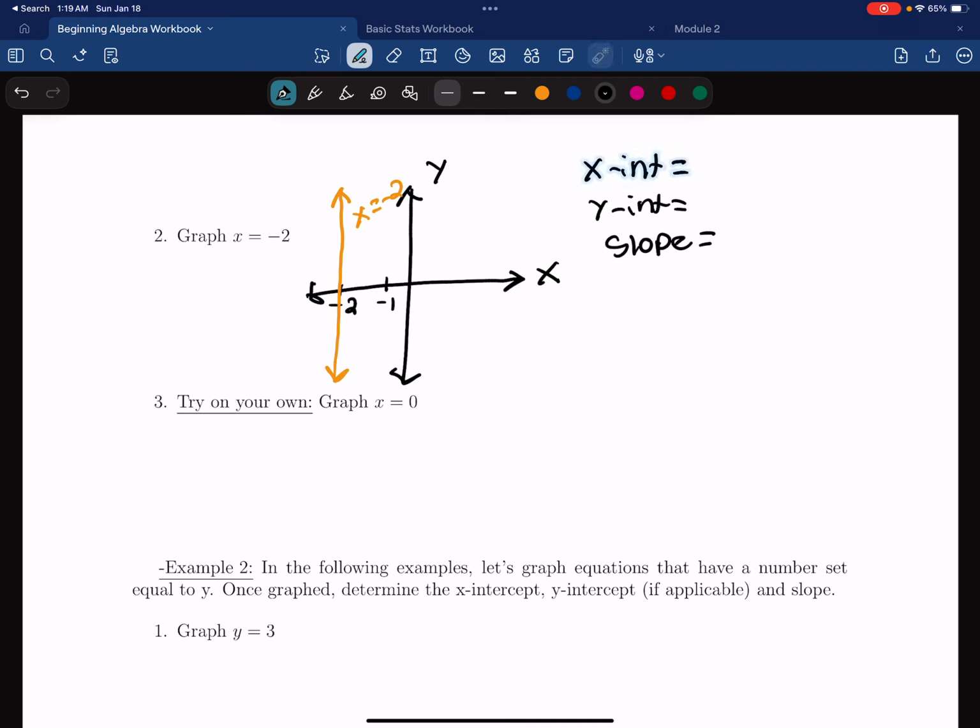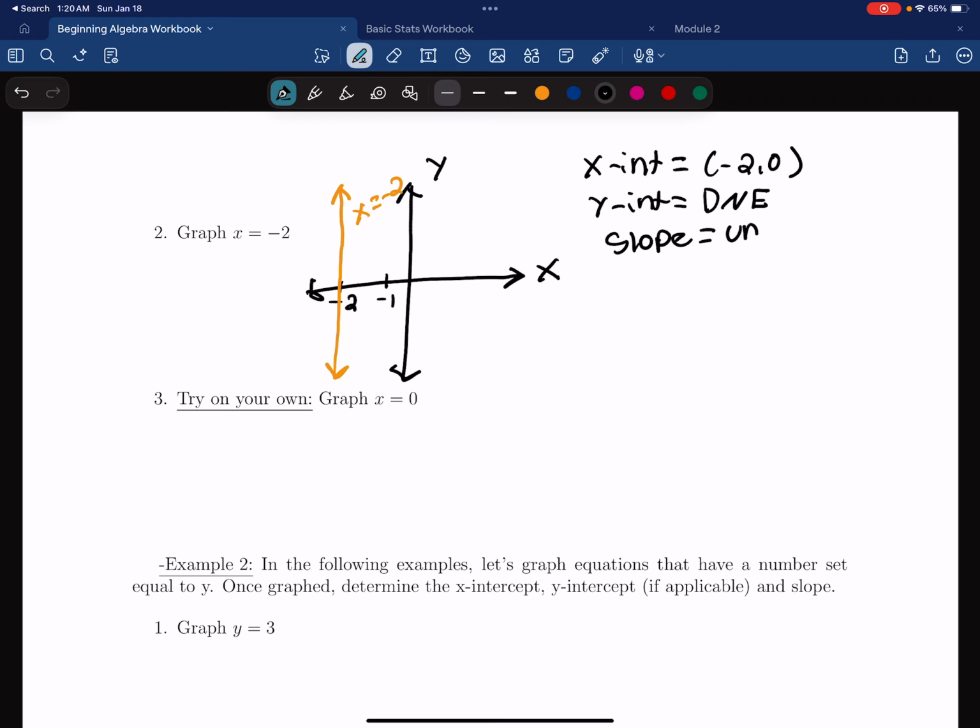We have an x-intercept here at the point -2, 0. We don't have a y-intercept, so I'm going to write DNE, does not exist. And our slope is also undefined. I'm just going to write UND for undefined.